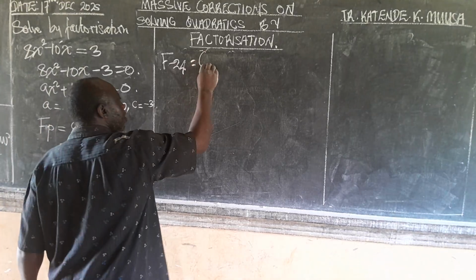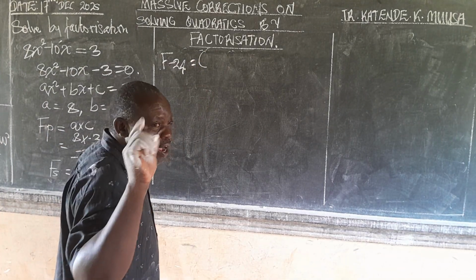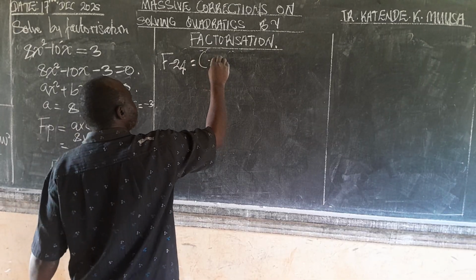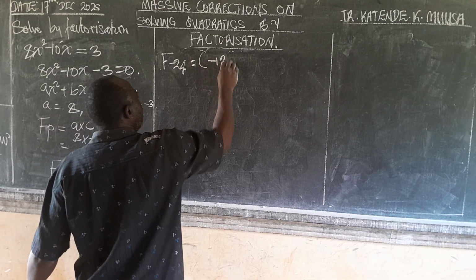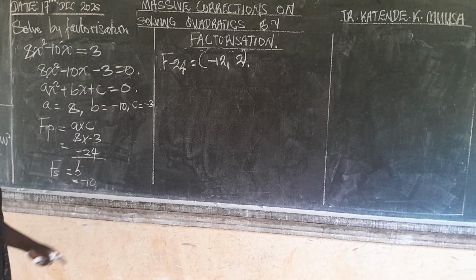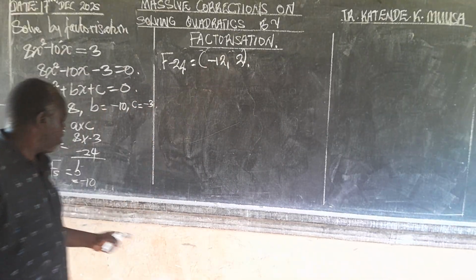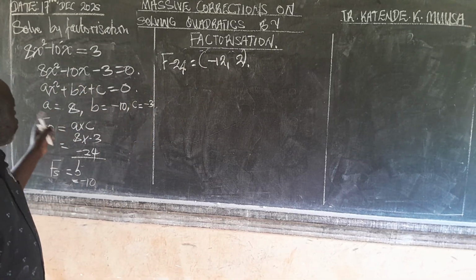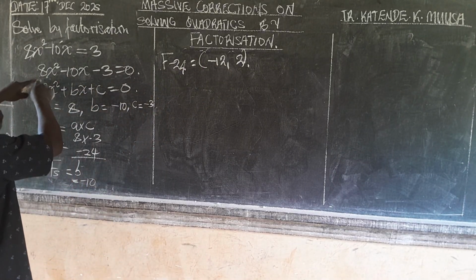If you can remember the two factors, we have negative 12 and positive 2. Negative 12 times 2, we get negative 24. Negative 12 plus 2, we get negative 10. So we are going to bring this one back.